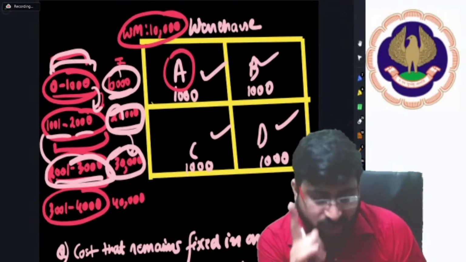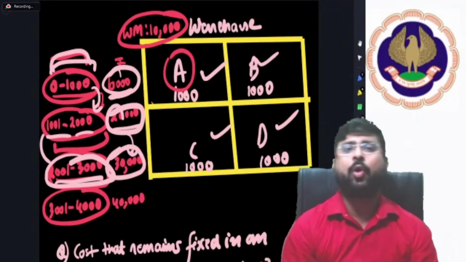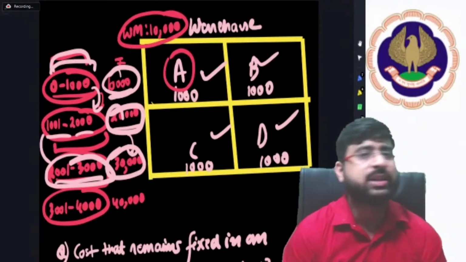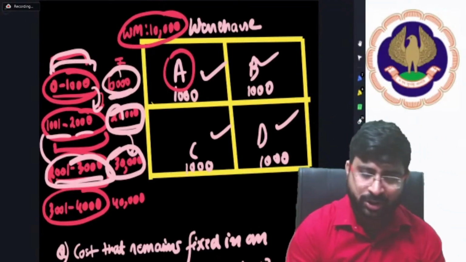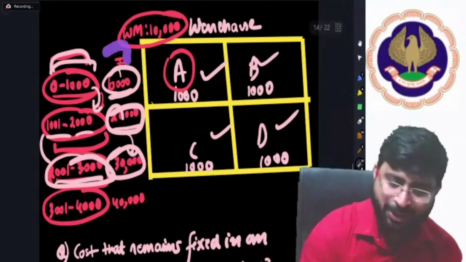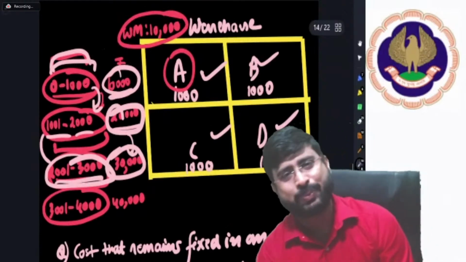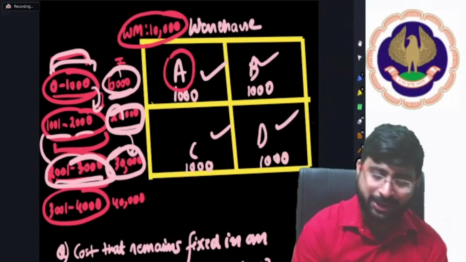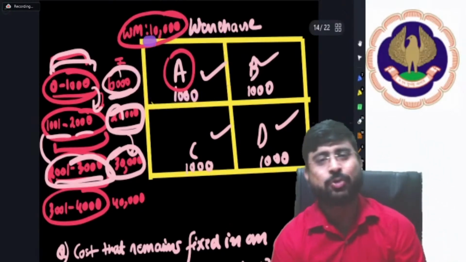One watchman has a salary of, let's say, 10,000 rupees. So the cost is 10,000 rupees for a watchman, because you have to keep the product in only one room, since one room can store 1000.